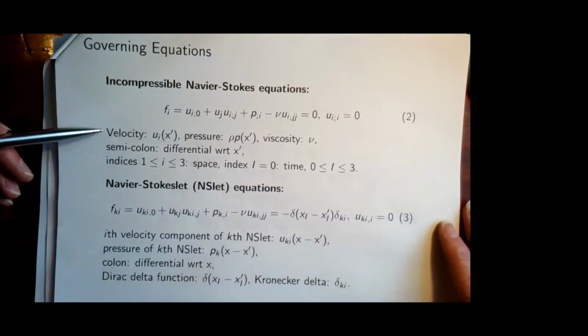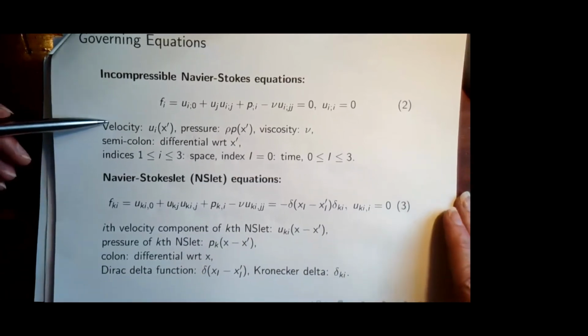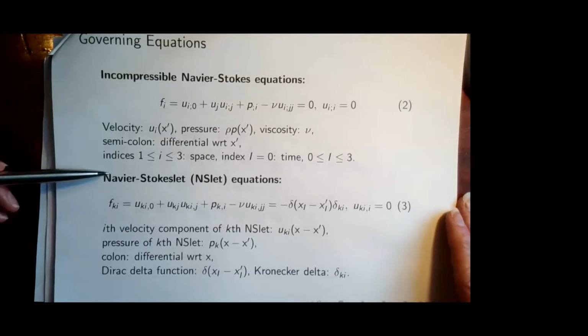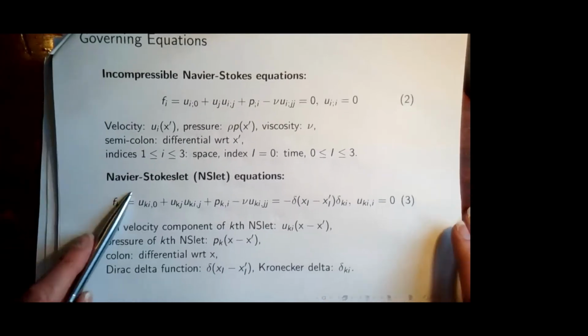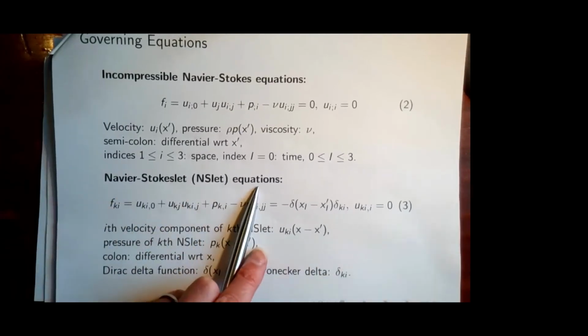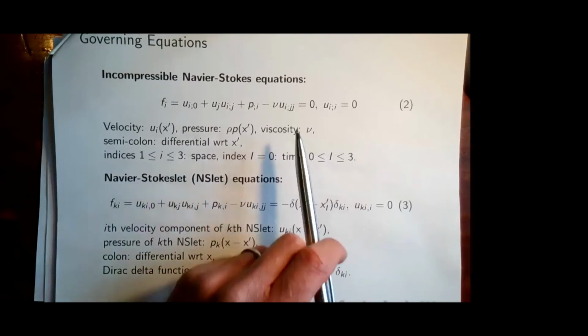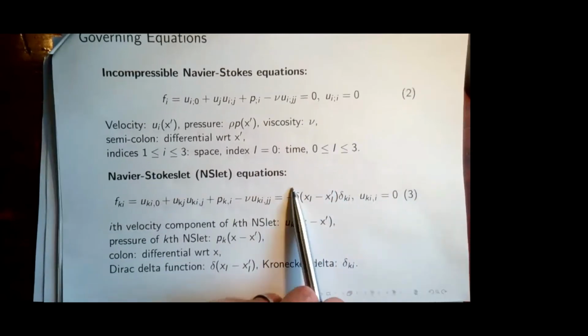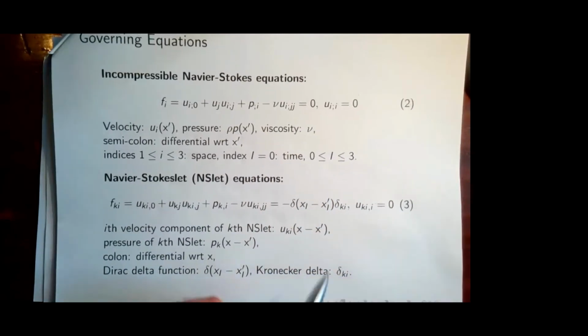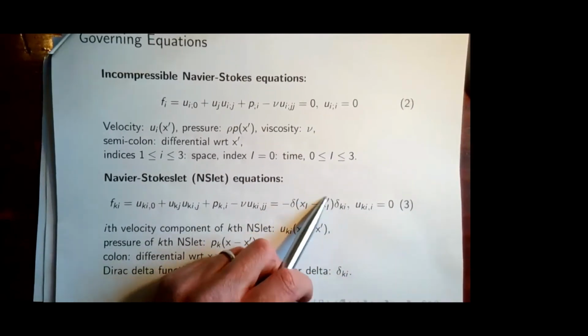So this is the Navier-Stokes equation now, and of course you've got a similar equation for the Navier-Stokeslets. With the Green's functions, instead of the right-hand side equaling 0, it equals the Dirac delta function response.